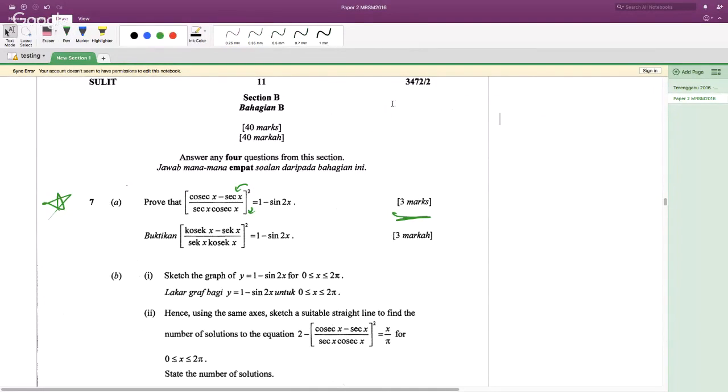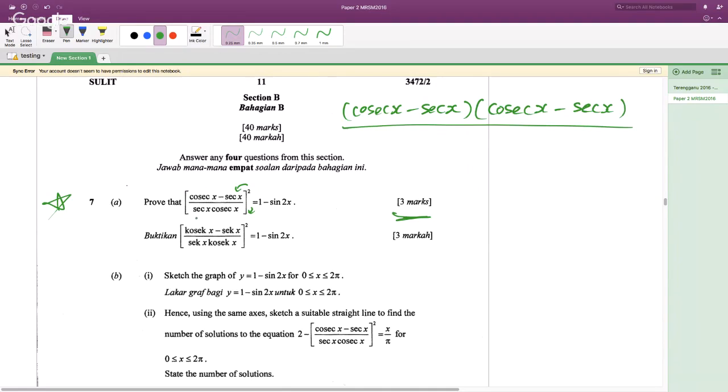This one basically means cosecant x minus secant x multiplied by cosecant x minus secant x, over, for the bottom, they are multiplied, so you can straight away square them. It's basically secant square x and cosecant square x.